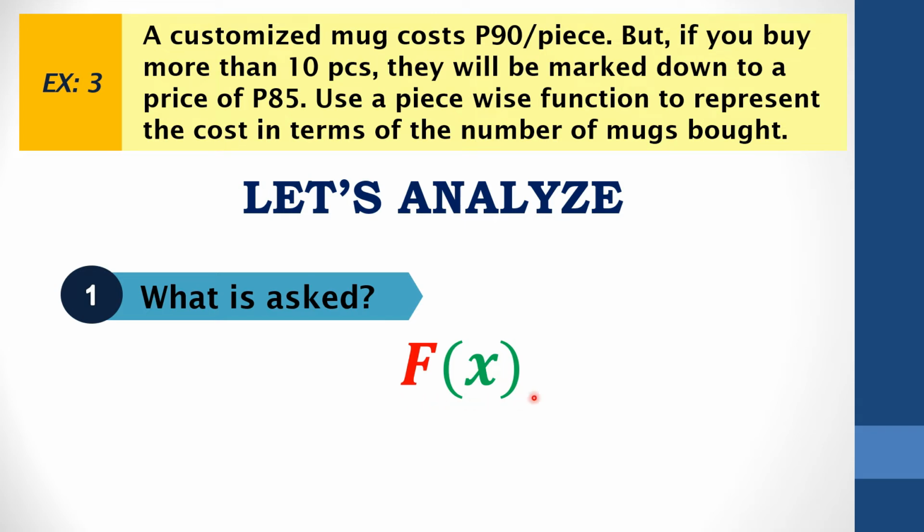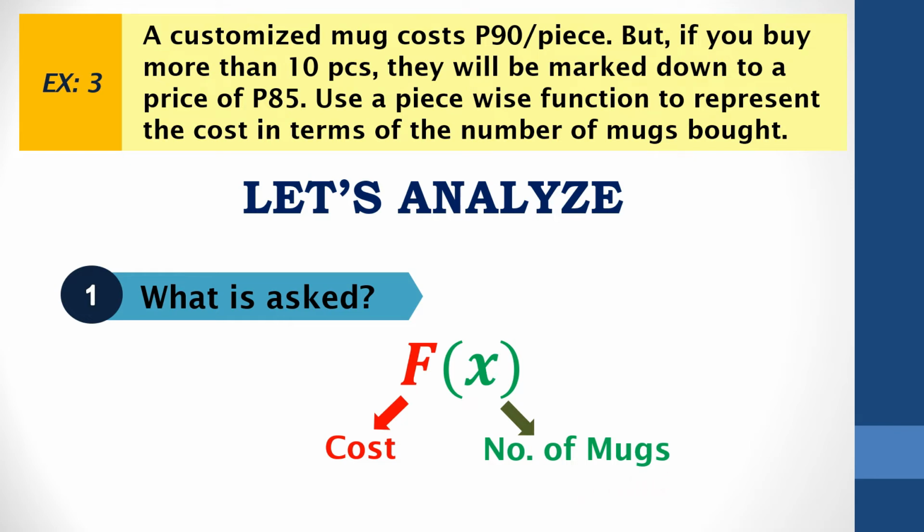Ito po yung pinaka-basic. Where our f represents the cost o yung babayaran natin in terms of how many mugs yung bibilhin natin. Of course, yung presyo or yung babayaran natin is magdedepende rin sa kung ilan yung bibilhin natin. So, we have the function f of x to represent the cost in terms of the number of the mugs bought.